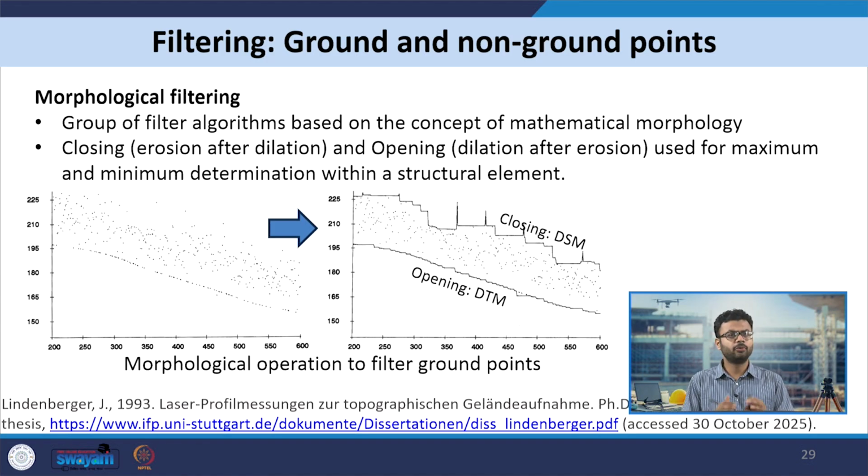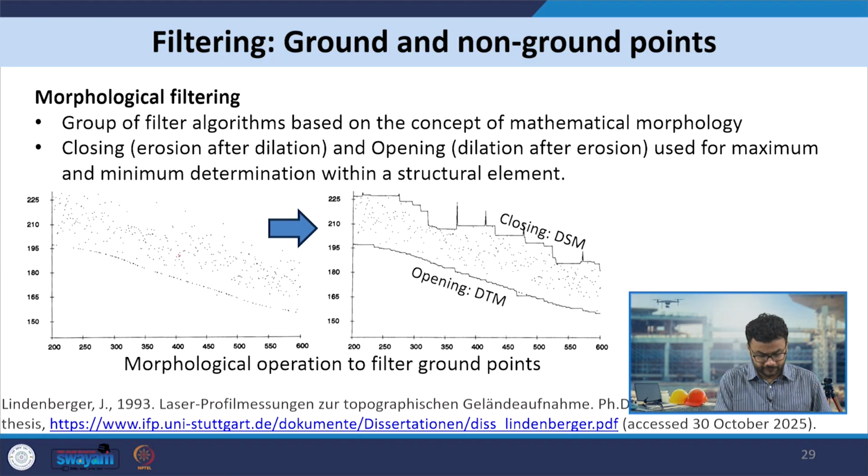These are a group of filter algorithms based on the concept of mathematical morphology, which involves either erosion or dilation operations. Closing, which is erosion after dilation, and opening, which is dilation after erosion, can be used for detecting the maximum surface and the minimum surface respectively.